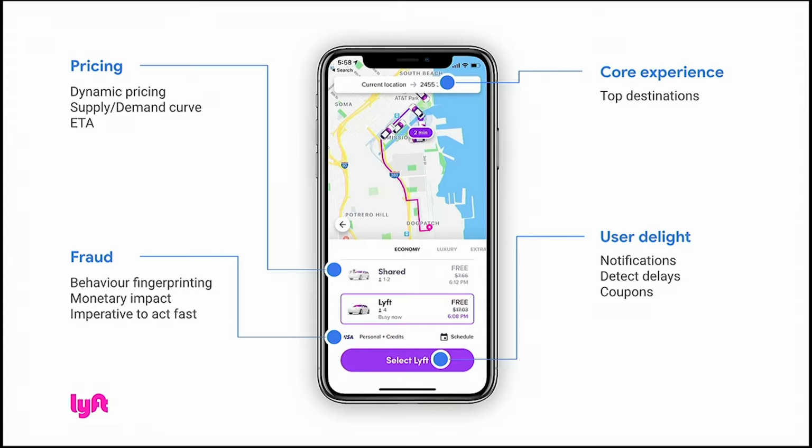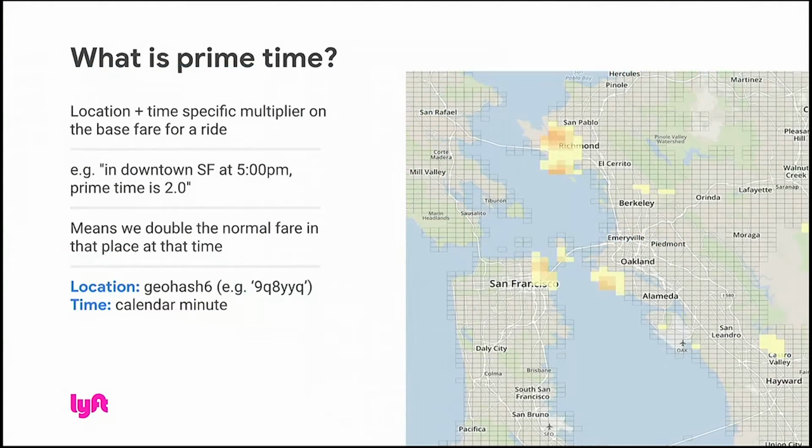The use case that we implemented is dynamic pricing. And important to dynamic pricing is prime time. What is prime time? Prime time is basically a multiplier on the fare that you pay. It's not to actually make a lot of money, it's to balance supply and demand. Let's say in San Francisco, there's an event and a lot of people want to get a ride.